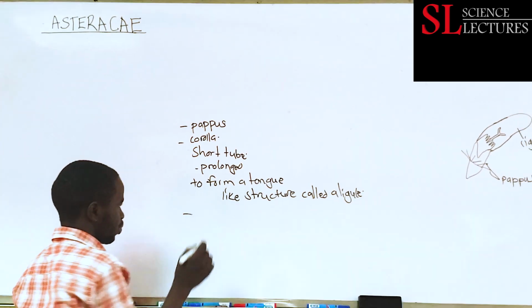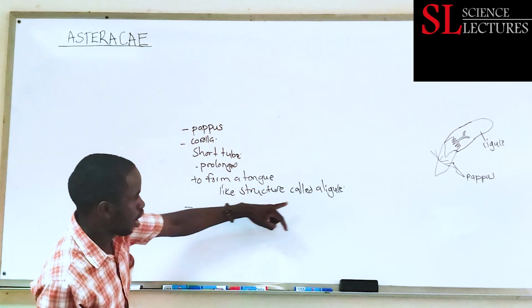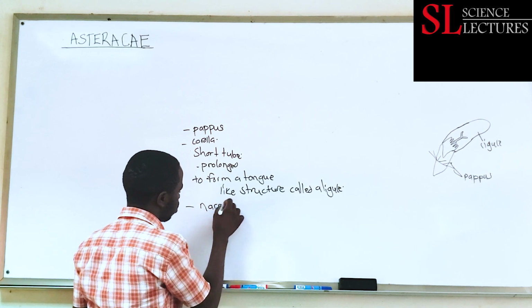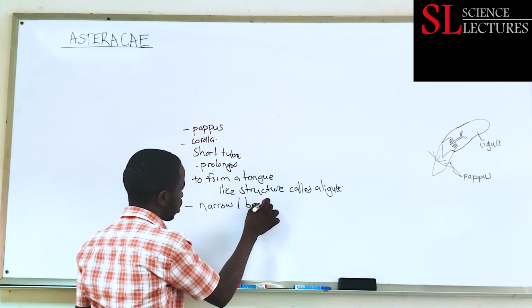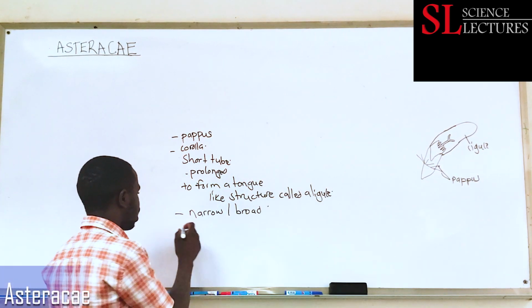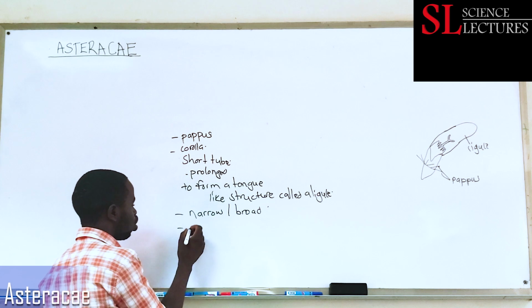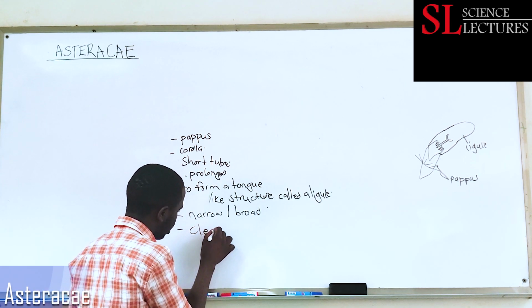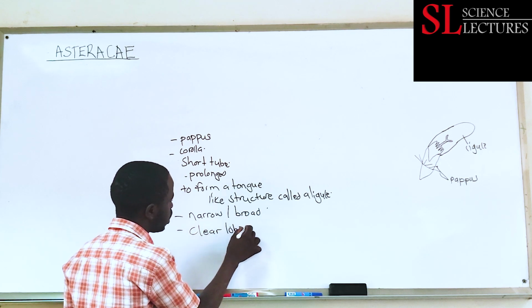Then this ligule can be narrow or broad, depending on the various genus and species. Then it terminates into lobes. It has clear lobes at the tip.